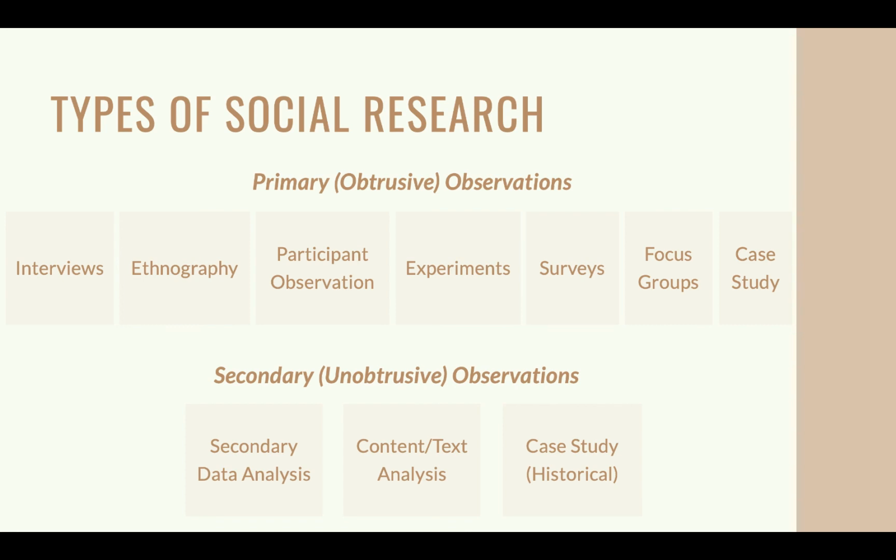Somebody writes a journal, right? Napoleon Bonaparte writes a diary about his life. And then you look at that and say, okay, what's being said? In secondary, unobtrusive observations or methods, the participants aren't being affected or cannot be affected by your interaction with their material. You're looking more at materials and not people.